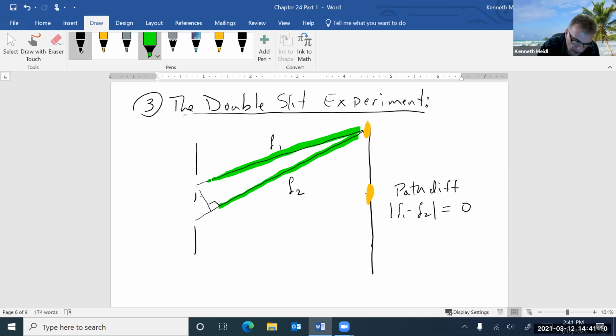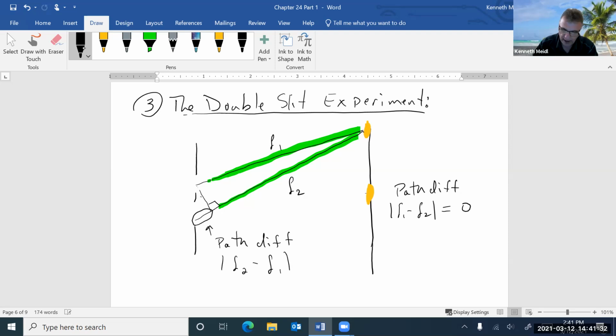So this little piece right here is the path difference. It's how much longer ray number 2 is than ray number 1. That's the path difference. The path difference is just how much longer one of those paths is than the other path.